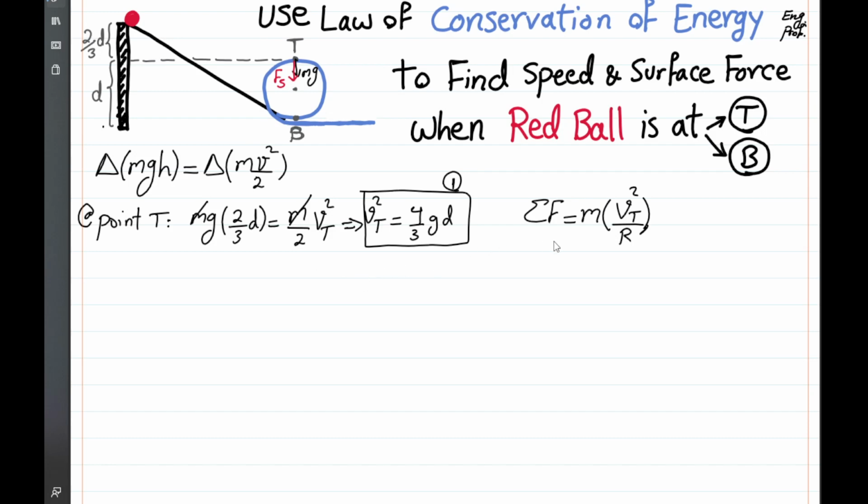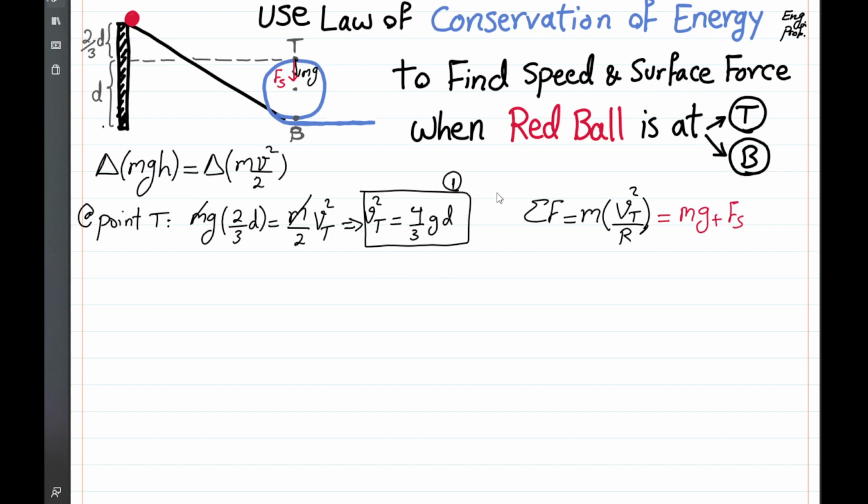So this is the one that I'm looking for. At point T, what I'm going to write is sigma F equal to m v T squared over r is equal to mg plus Fs.